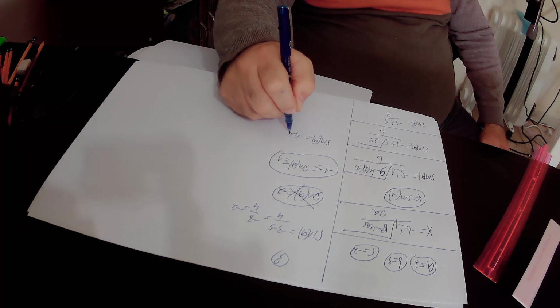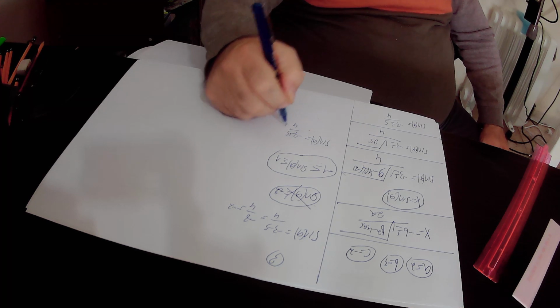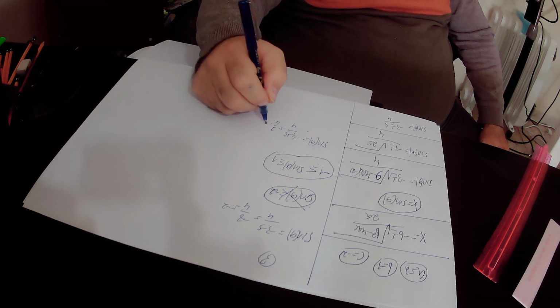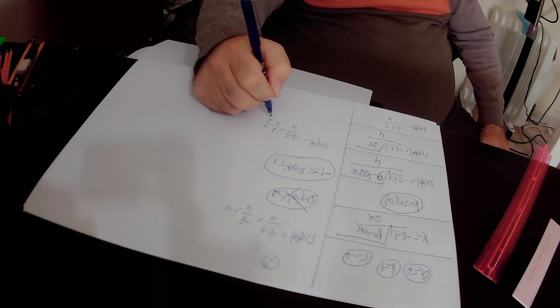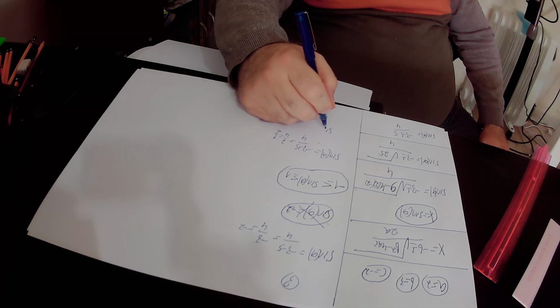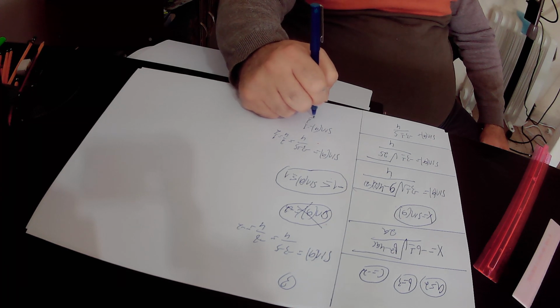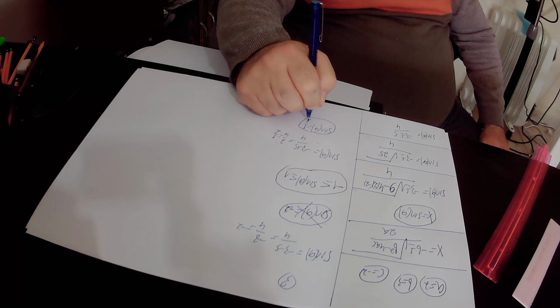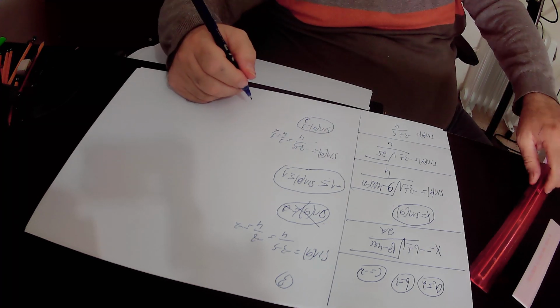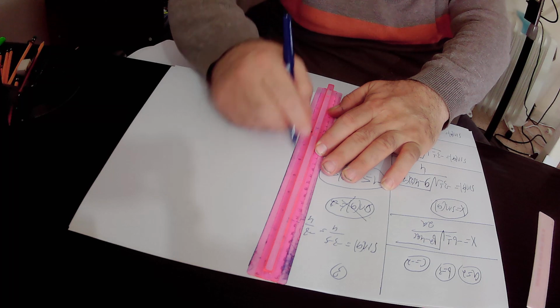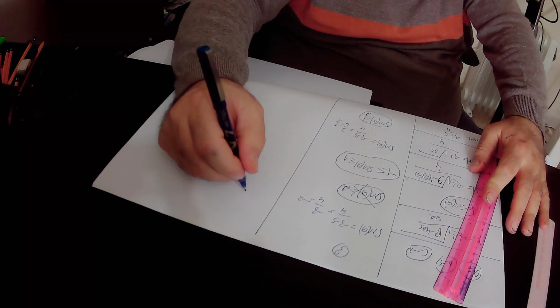-3 plus 5 over 4. -3 plus 5 is 2, and 2 over 4 is 1 over 2. So we found out that sine alpha equals 1 over 2. And if sine alpha equals 1 over 2, it means that alpha itself must be equal to 30 degrees.